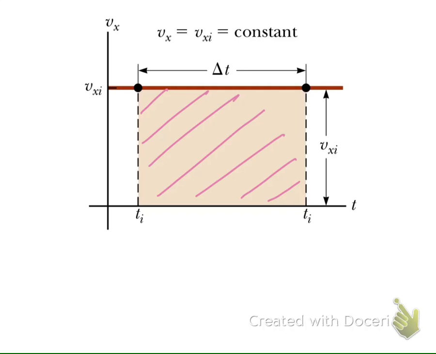This area is equal to Vx times tf minus ti. Okay, and from our calculation, this is equal to xf minus xi, and we have the kinematic equation for constant velocity back again.